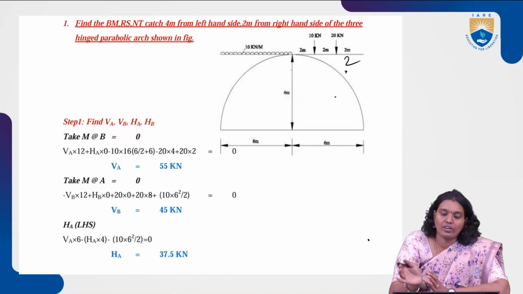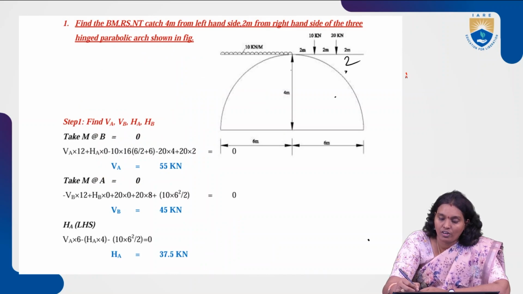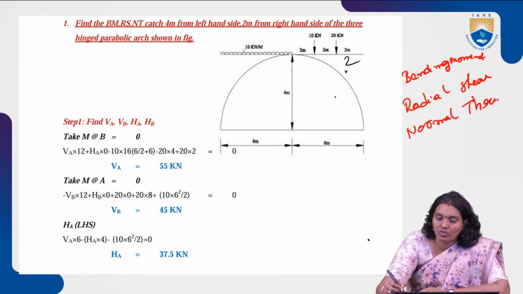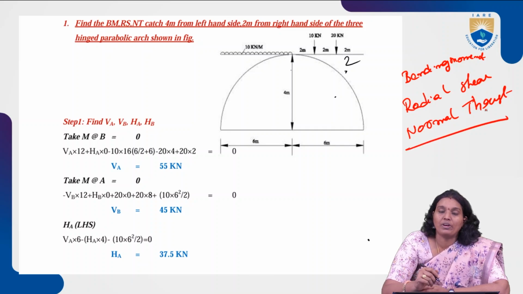So here we take one problem, where we are going to find out the bending moment, that is the BM, the radial shear RS, and the normal thrust NT. This is a practical, numerical one.